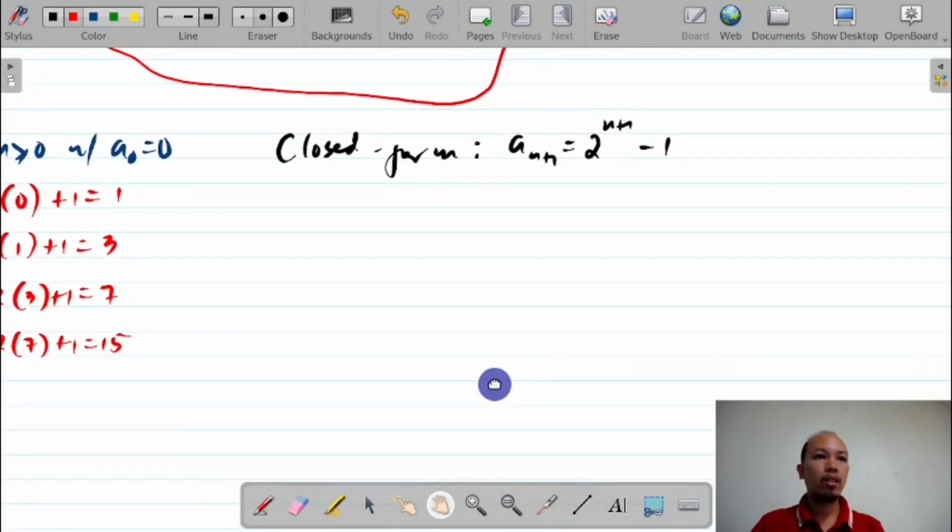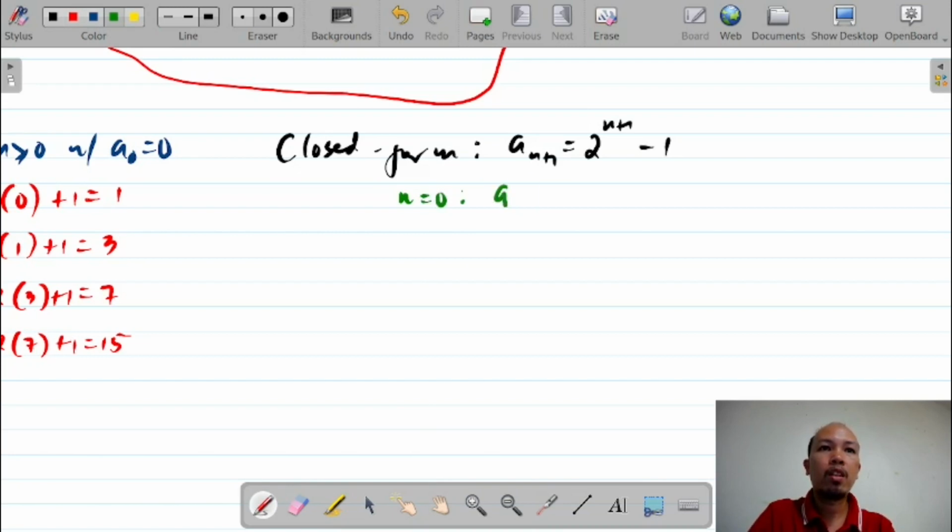Do they have the same image or output? Let's try this color green. n is equal to 0. A sub 1 is equal to 2 to the 0 plus 1 minus 1.